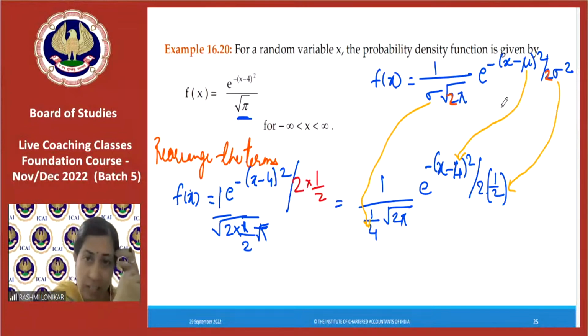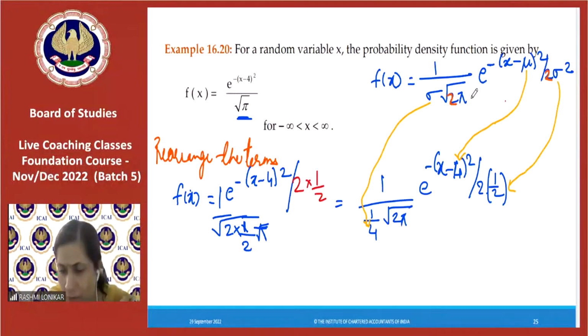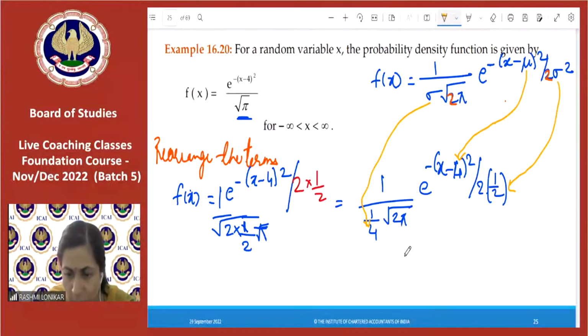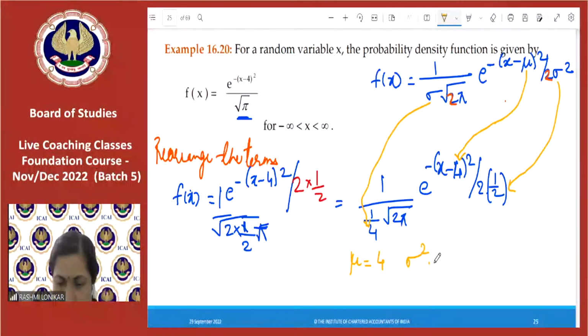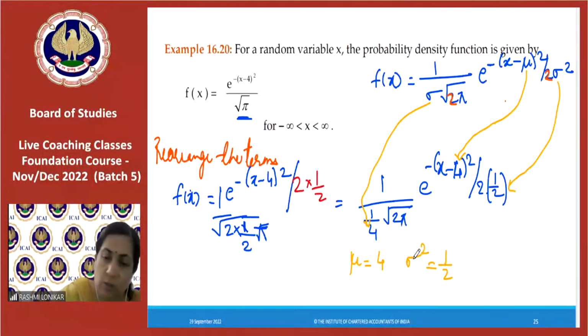Why did I rearrange? Because I want to write this exactly like the formula that I have. From this, what do you get? You get the value of mu to be equal to 4. What about sigma square? Sigma square will be 1 half. So this is a probability density curve with mu equal to 4 and sigma square equal to half.